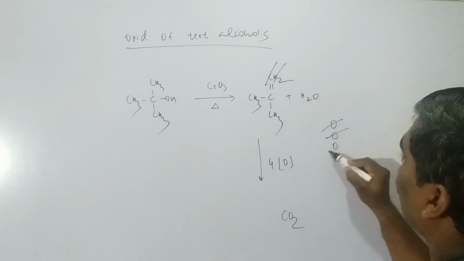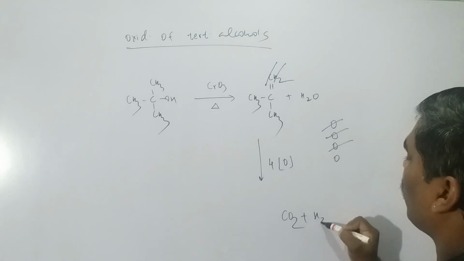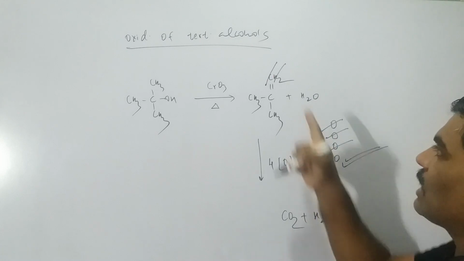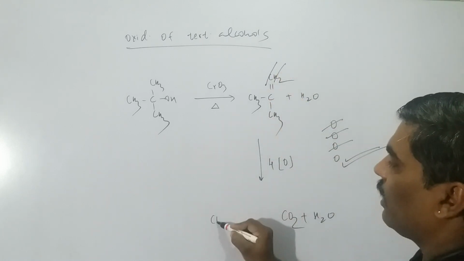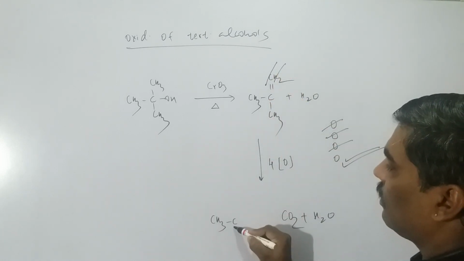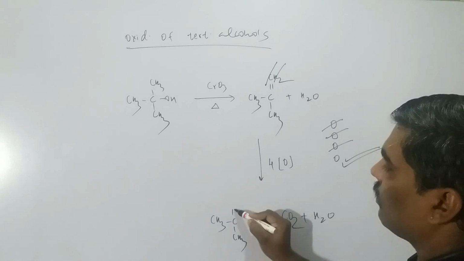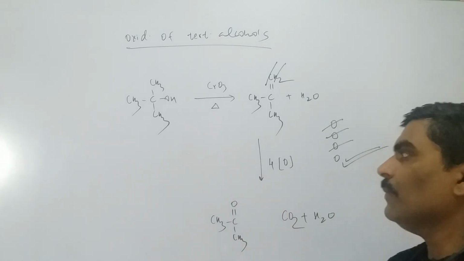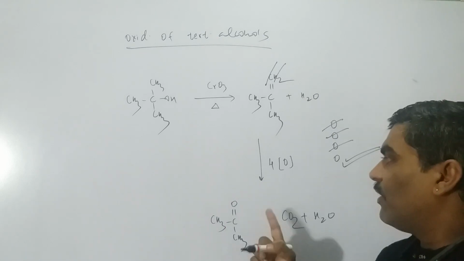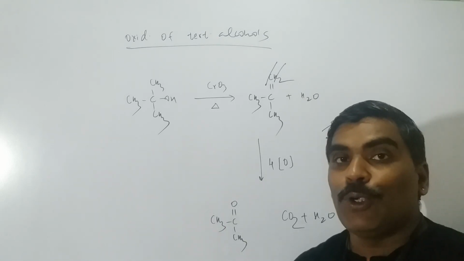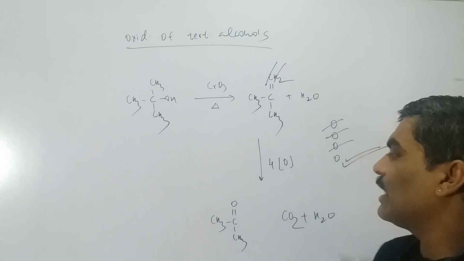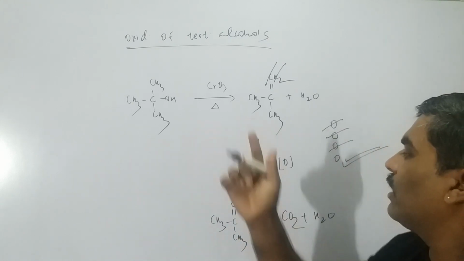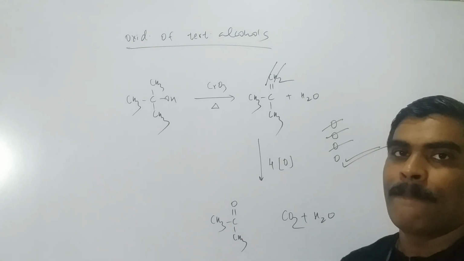Hydrogen reacts with one oxygen to form water. Now this remaining oxygen gets joined there. It forms acetone. And further oxidation we cannot do here. It stops here. So tertiary butyl alcohol gives ketone.